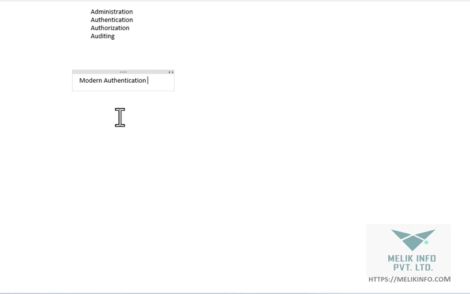And at the center of modern authentication is the role of the identity provider. The identity provider plays a vital role.